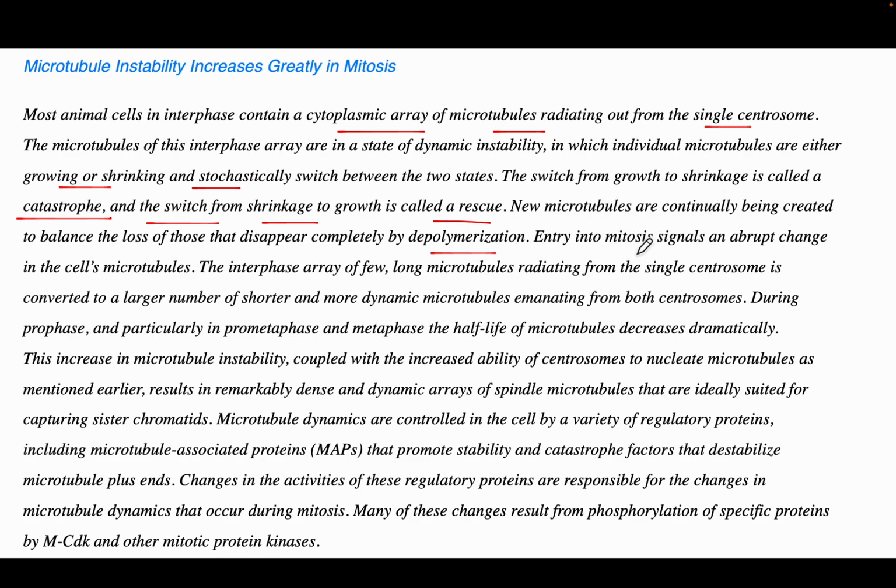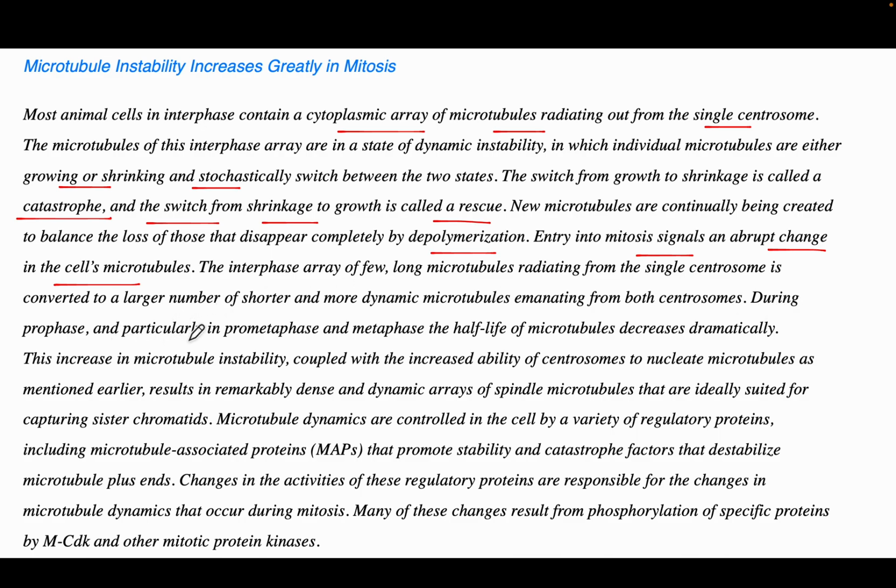So entry into mitosis signals an abrupt change in the cell's microtubules. The interphase array of a few long microtubules radiating from the single centrosome is converted to a larger number of shorter and more dynamic microtubules emanating from both centrosomes.